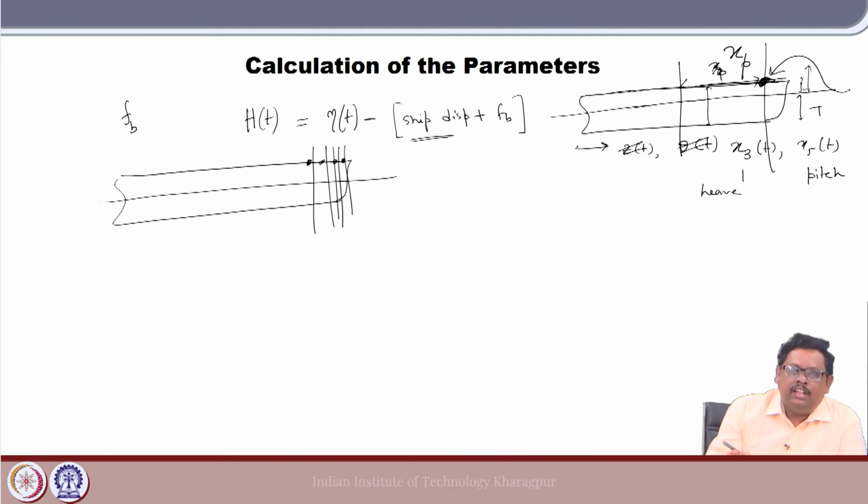Any point this can happen, in fact all points it might happen, maybe the intensity is different. The intensity when it is splashing at this point A, maybe when it is splashing at the point B the intensity is different, but however it is possible. So, it runs from A to B.